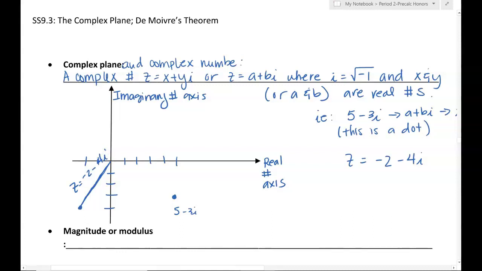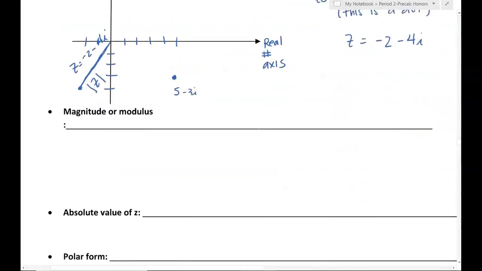Now, as you know already, back whenever you first started learning absolute value, an absolute value would denote the distance. So the absolute value of z would denote the distance of that equation, okay? Magnitude or modulus. So let z equals x plus yi be a complex number.